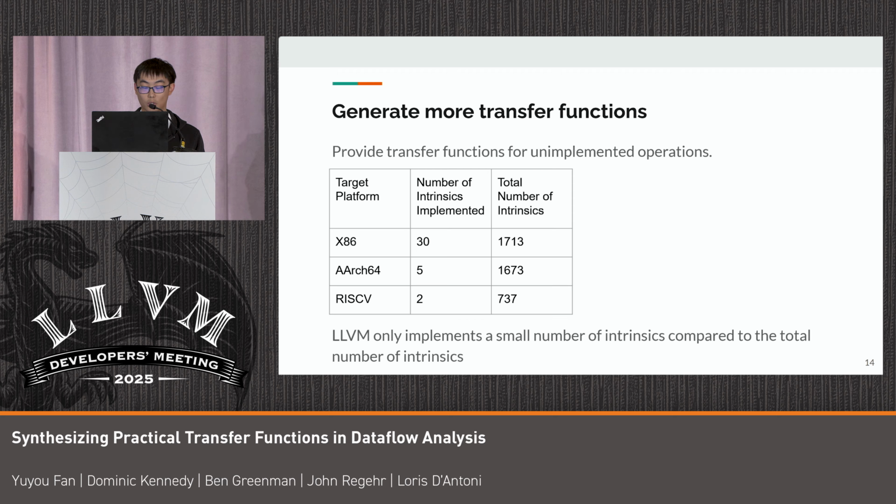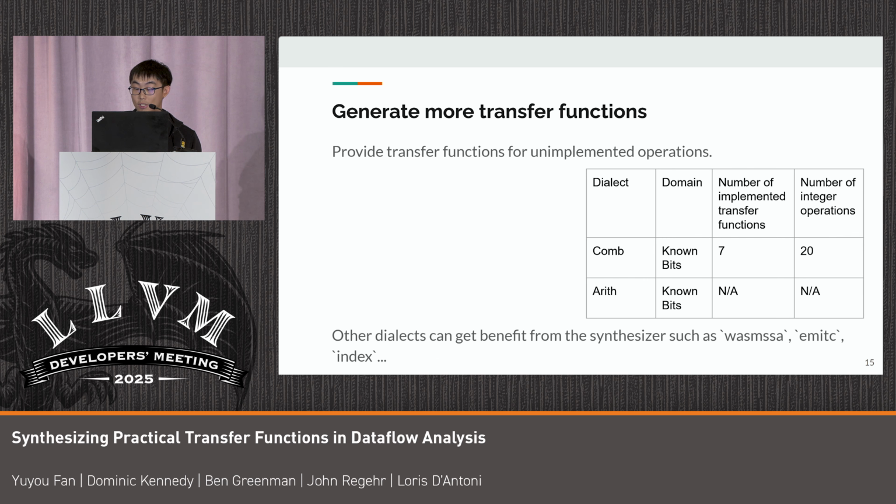And for other platforms, it's only 5 or 2. By using the synthesizer, we can get more. And here is an example in MLIR. In the comp dialect, a dialect used in the element circuit project, it only contains 7 transfer functions of operations compared to a total number of 20 integer operations. And there is no known bits analysis for it at all.